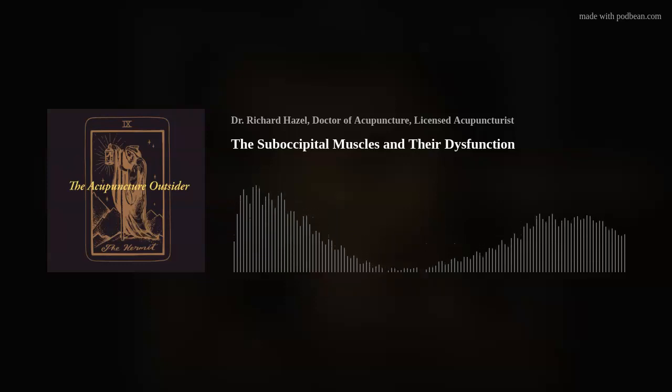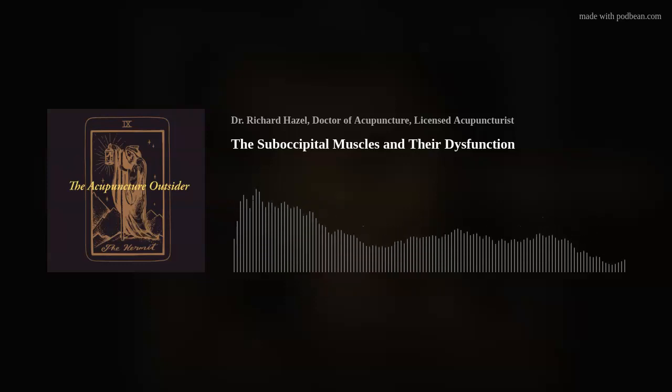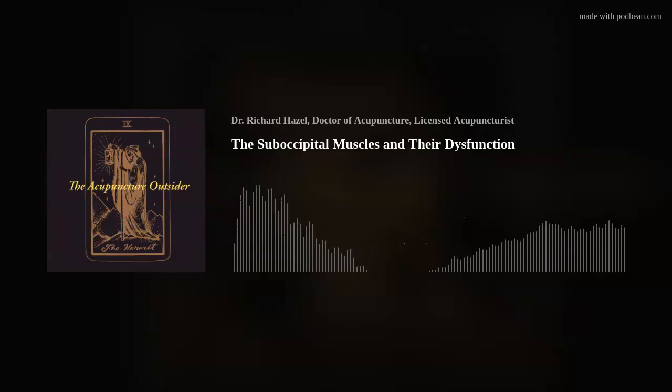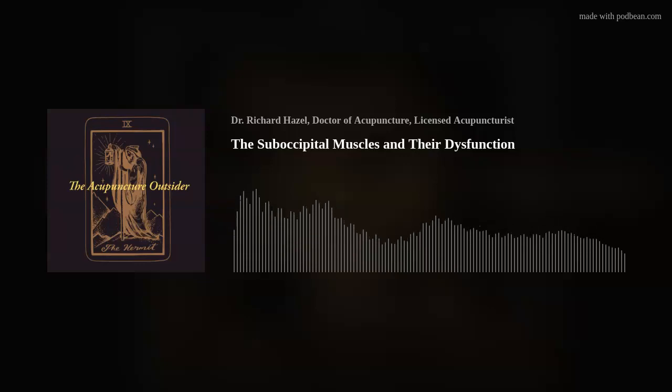And there is a lot of research showing that muscle is constantly engaged. It doesn't fatigue, but it gets super, super tight. I think you'll see that a lot of us have an overly tight rectus capitis posterior major.